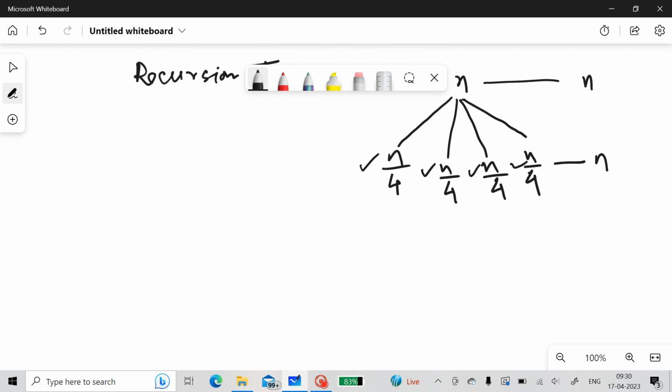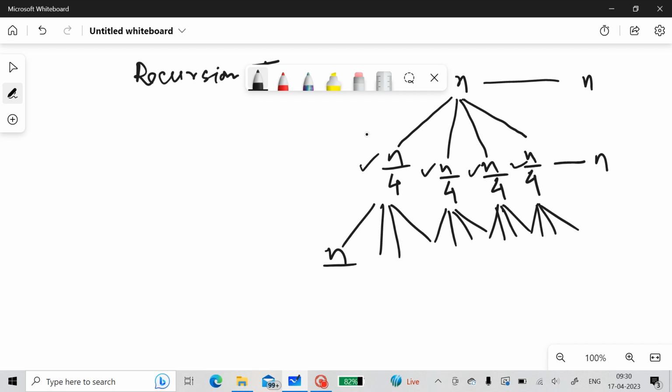If you split each of these again into 4 subparts, you will get n over 16 at each node. So if you add this whole level, you'll get n again.